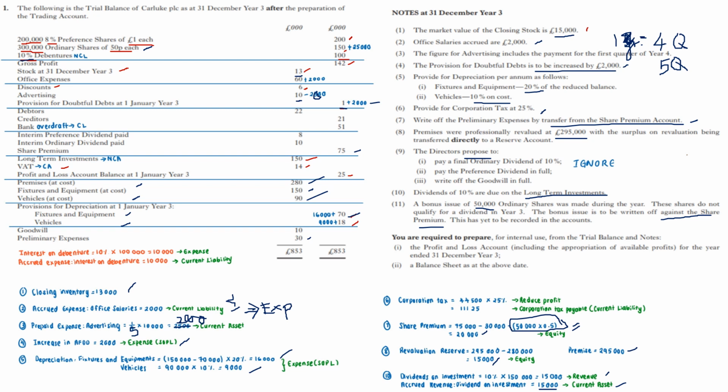Is by deducting or reducing the amount from their share premium. So that's what happens here in number 7. At the bottom here, you can see I put an asterisk there beside it. Okay, so share premium, they minus out the bonus issue from the share premium amount as well. So their share premium will only be 20,000 after deducting both preliminary expenses and bonus issue.